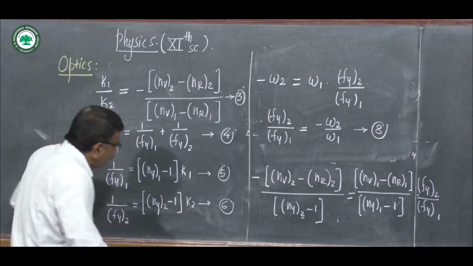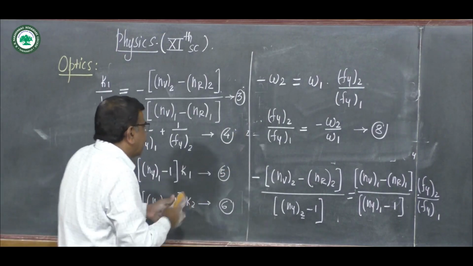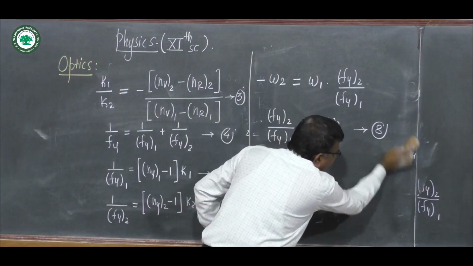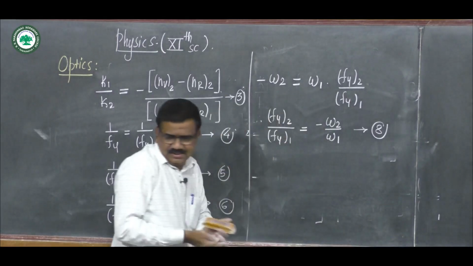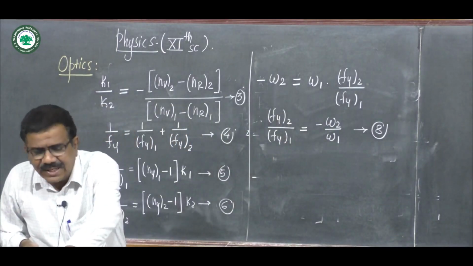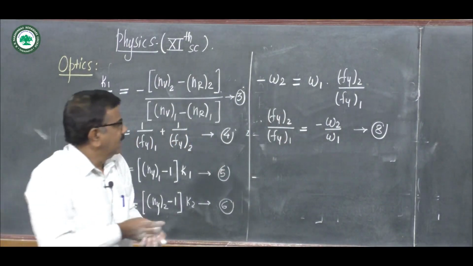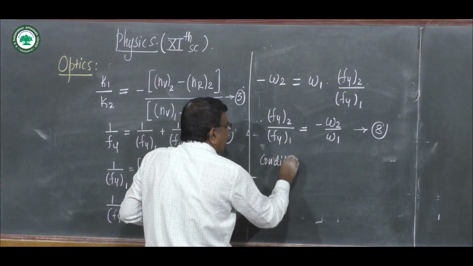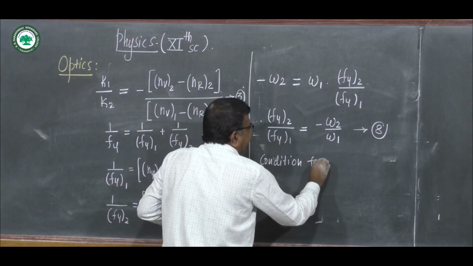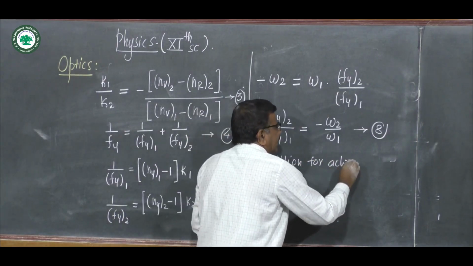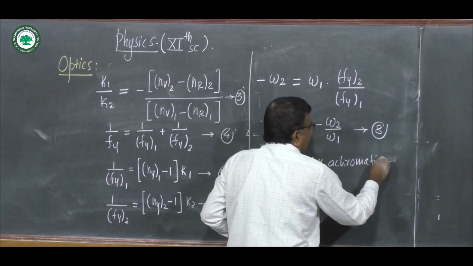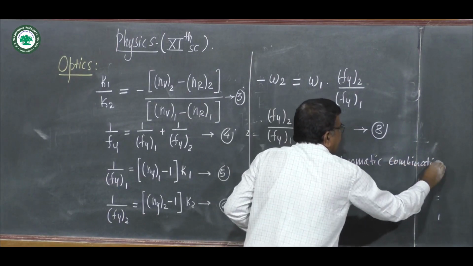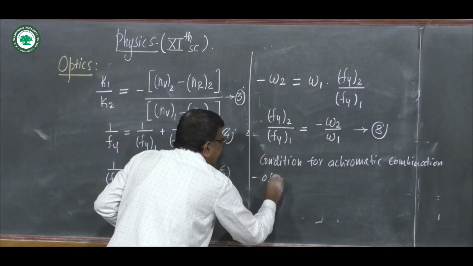This equation 8 is very important, and it is the condition for achromatic combination, the main condition of two lenses in contact.